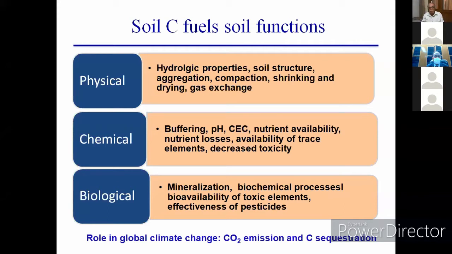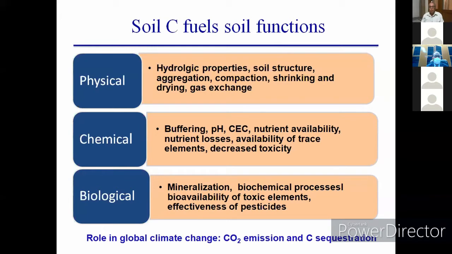Now, when you look at these physical, chemical, and biological processes, they cannot be seen in isolation. They are all interlinked because physical is a habitat. If you're talking about microorganisms, the physical environment is a habitat for organisms, and water and air are the force behind their living. That's why chemical: when you're talking about organic matter and nutrient availability, the organic matter forms complexes with nutrients.